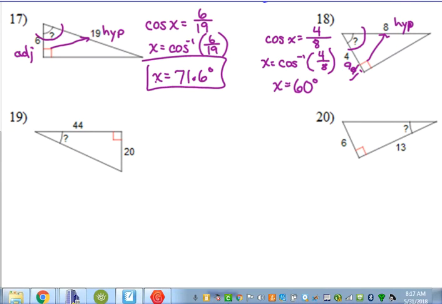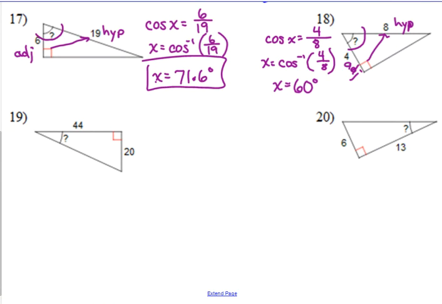Okay, let's look at 19 and 20 really quick, and then I'll let y'all practice again. Neither one of those legs is our hypotenuse. So 44 is the adjacent, the one that the angle touches. 20 is the opposite. So we're talking about tangent. Tangent is equal to the opposite over the adjacent.